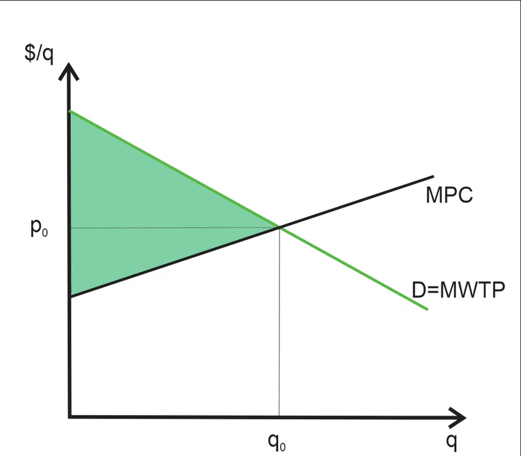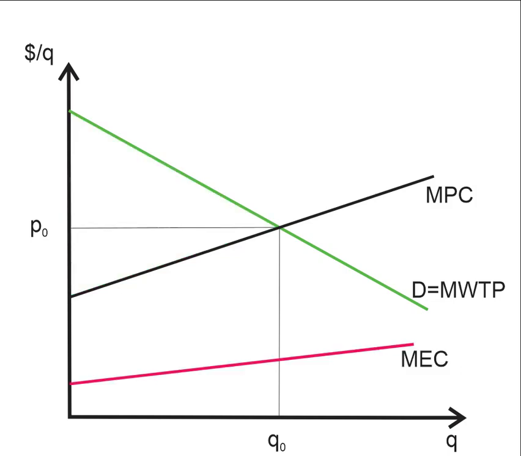Now, of course, this leads to producer and consumer surplus, which is indicated by the green area there. What's different in this particular graph is that we assume there is an external cost. There is a cost that is borne by people who are not in this supply and demand relationship.